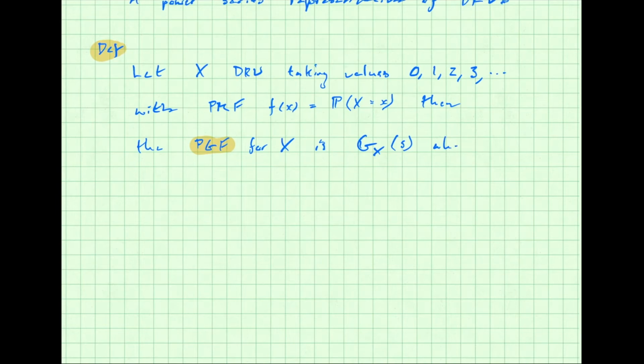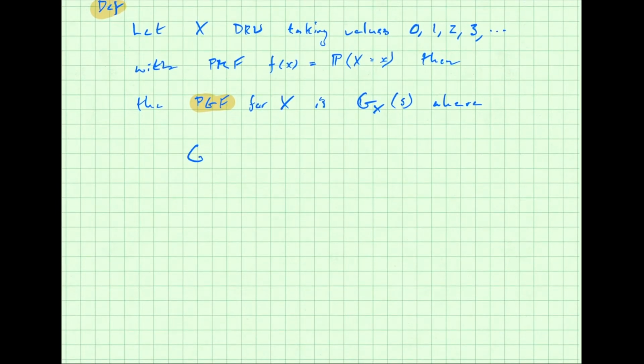We define it with the following equation: it's the sum as little x goes from 0 up to infinity of s to the power of little x times f of x, the PMF for X. That's the definition.